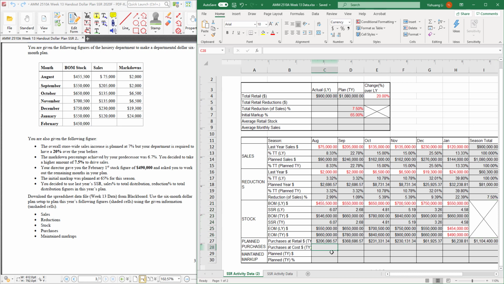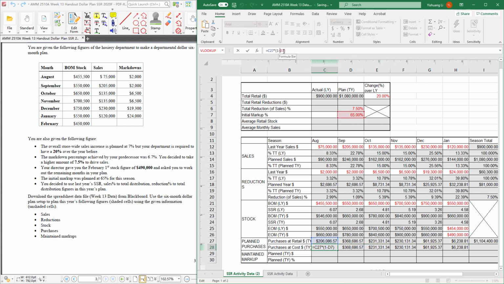And for the purchases at cost, we know that the purchases at cost equals the purchases at retail times 100%, or just 1, less the initial markup percentage, the 65%. That's what we can use.